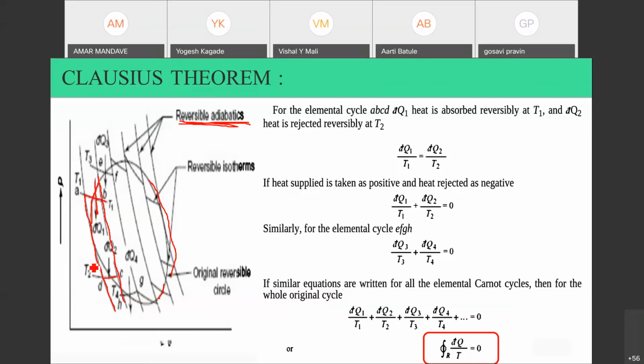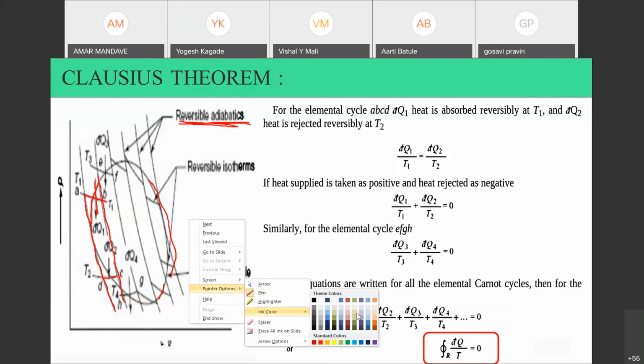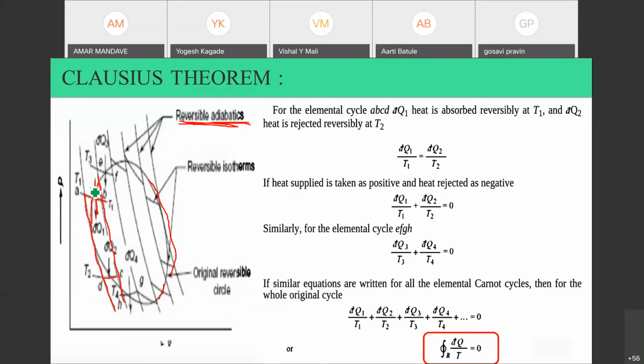Now just consider only one cycle, because the original big cycle is sectionized, or divided, into very small cycles. Considering this one cycle, these two lines are reversible adiabatic lines, and these are reversible constant temperature lines.